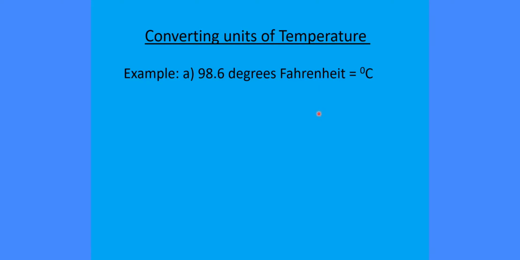Then let's deal with units of temperature. Example A. 98.6 degrees Fahrenheit will be converted into degrees Celsius. In order to convert the Fahrenheit to degrees Celsius, we need to use this formula. Temperature in degrees Celsius is 5/9 multiplied by the difference of temperature in degrees Fahrenheit and 32.